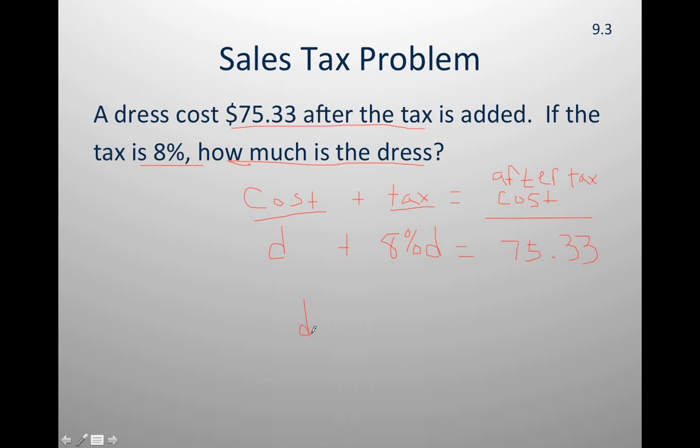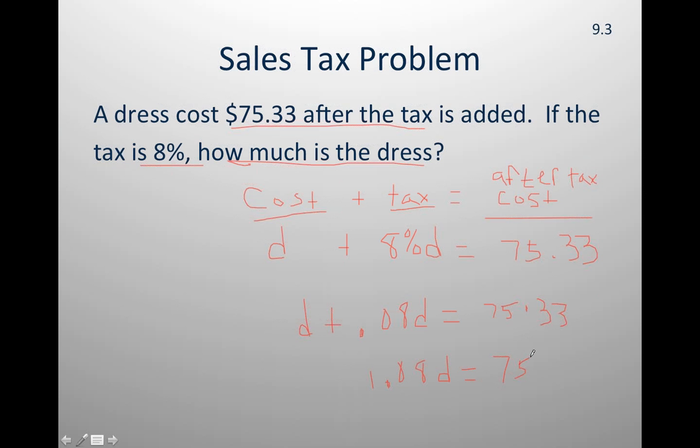So I've got D plus 0.08D equals 75.33. Then from here I get to add up the 1D and the 0.08D, which gives me 1.08D equals 75.33.